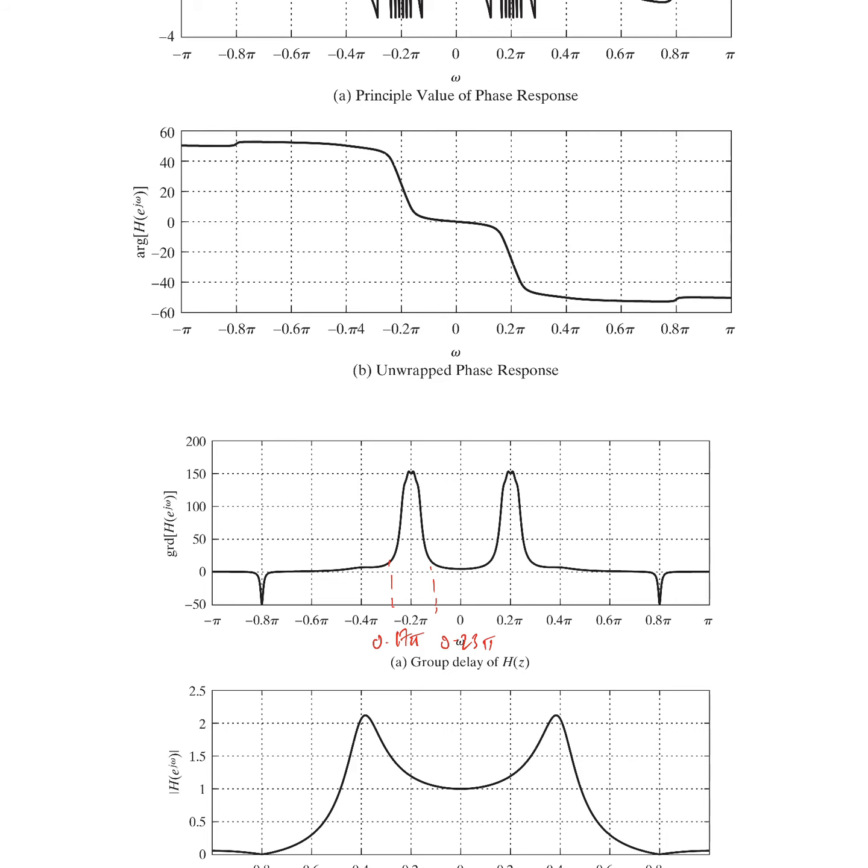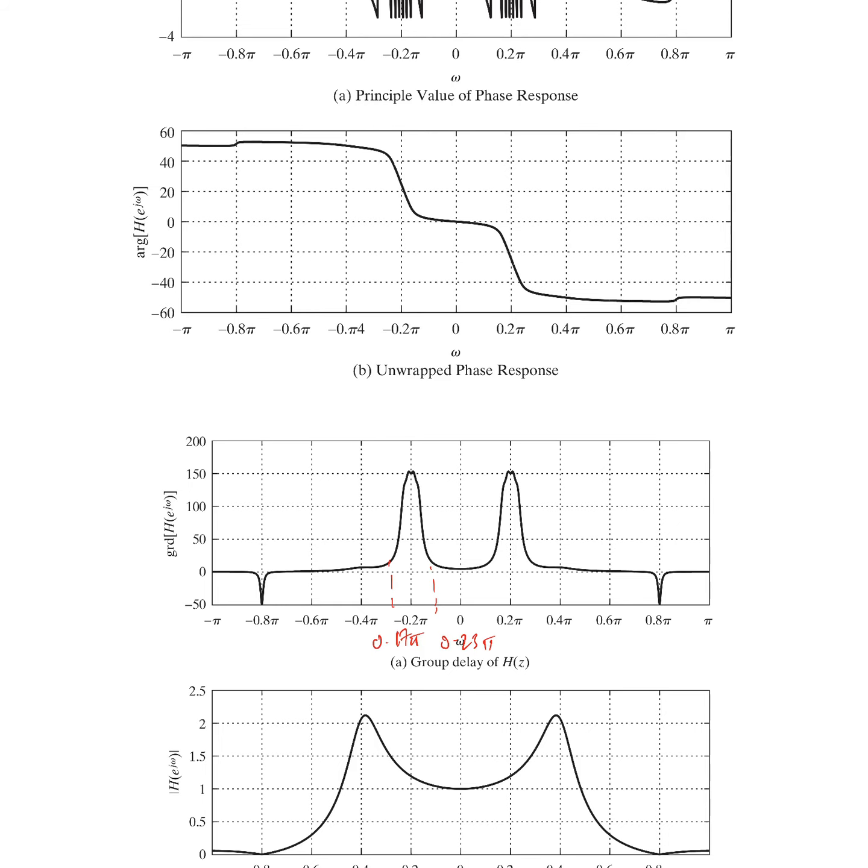Because here you have a large decrease of the continuous function, and similarly here, that's why you have the large positive peaks, because it has the negative slope. Also note the negative dip around plus minus 0.8 pi, where the phase has positive slope. Right, this is about the group delay of the function H(z).